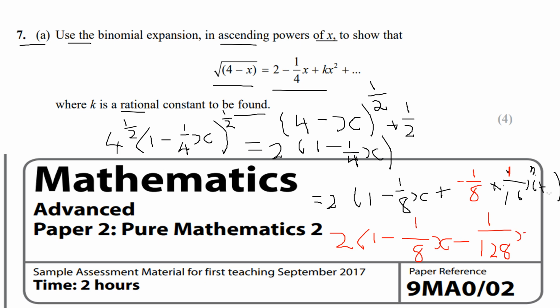plus ... I'm just going to double check this here for a second, guys, because they've got a plus kx squared. So it's n brackets n minus 1 over 2 factorial, so that'd be 2, and then times by minus a quarter x all squared. Let's double check that briefly, to make sure that I've not made a mistake.